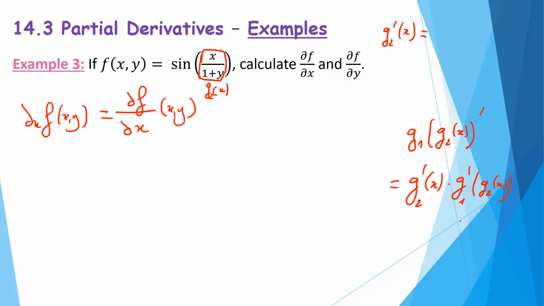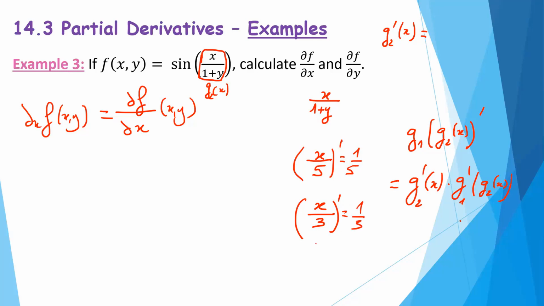So here again, which type of function of x do you have? Well, now y is constant. So you deal with this as you deal with x over 5 or with x over 3. What is the derivative of x over 5? It's 1 over 5. What is the derivative of x over 3? It's 1 over 3. It's like 1 over 3 times x. So here is the same.